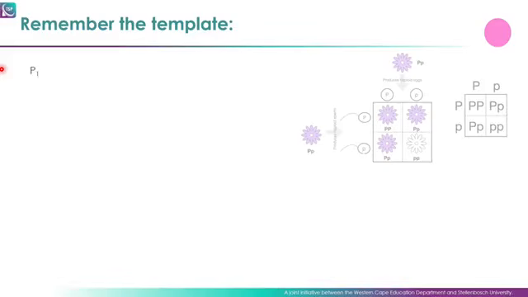First of all, whenever you start to do a cross, you start by writing P1. Now, P1 means parent 1. So that's the first information that in a question they're going to give you. And what about the parents? So you write P1 down. Then after that, you need to give the phenotype and the genotype.